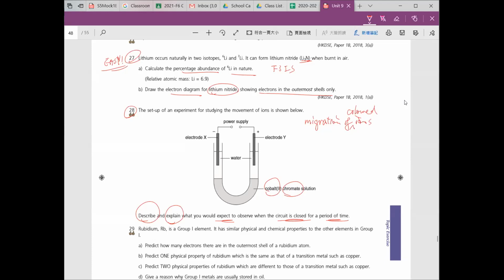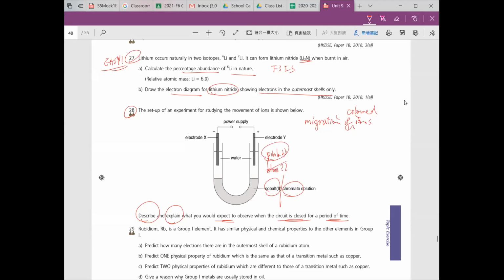Maybe you can think of the concept of the mixing of color. Cobalt(II) is blue and chromate is yellow. Cobalt(II) ion is blue or pink? I think cobalt(II) aqueous ions is pink.